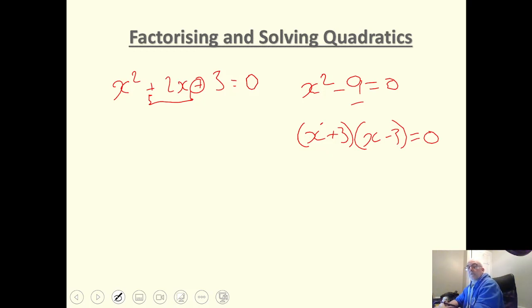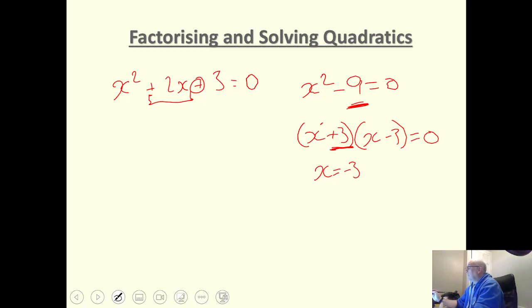Okay, so sometimes you'll see a quadratic that doesn't have an x term. We know that that's got to be, usually in GCSE, a square term attached to it. So for instance, let's look at the one we've just done on the screen. If we then look to solve, we could simply reverse the sign that's on each of those terms inside the bracket.